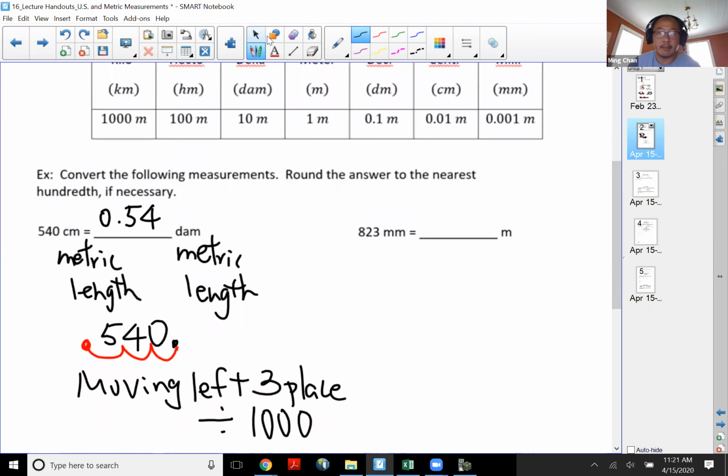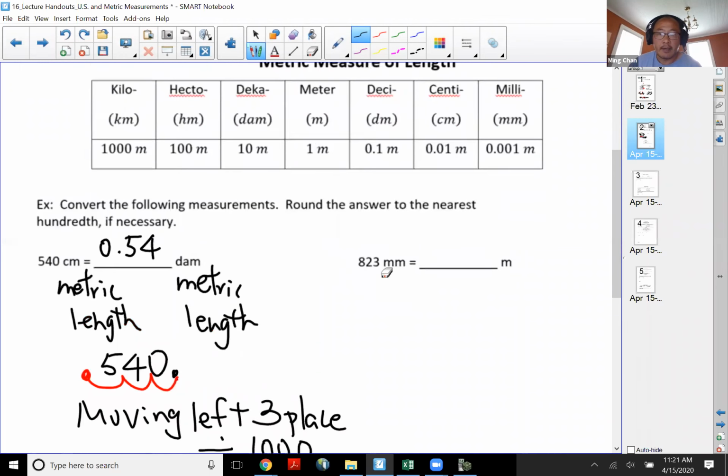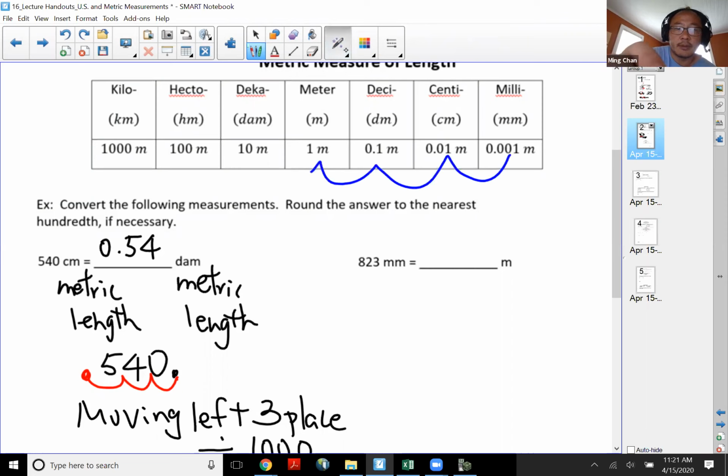It's the same concept. All right, milli to meter. If it's just an M, that means meter. Millimeters to meters. So how many places? Milli is right here to meter in the center. 1, 2, 3. That's also 3 places to the left.